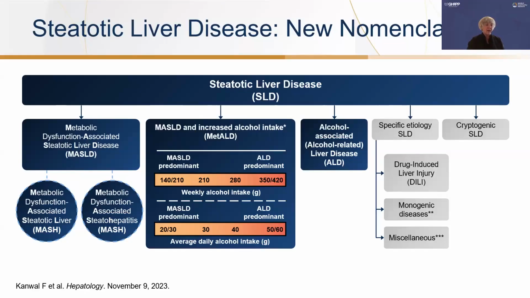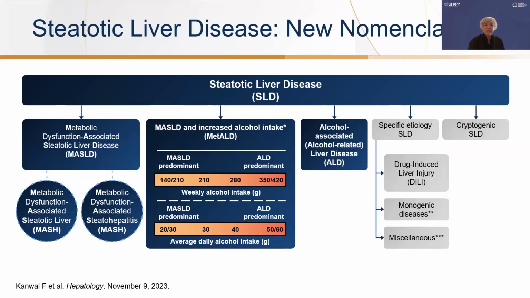And it's really more in line with the typical underlying causes and biology of this disease. So we see that steatotic liver disease, SLD, is subdivided into groups based on the underlying mechanism. So that first one, MASLD, metabolic dysfunction associated steatotic liver disease, which is definitely a mouthful, right?